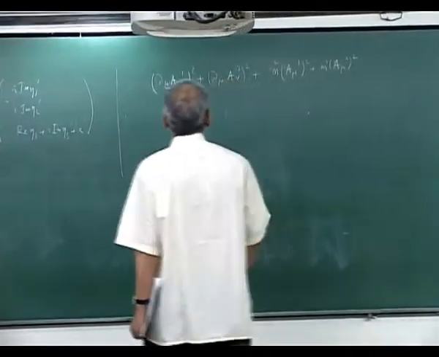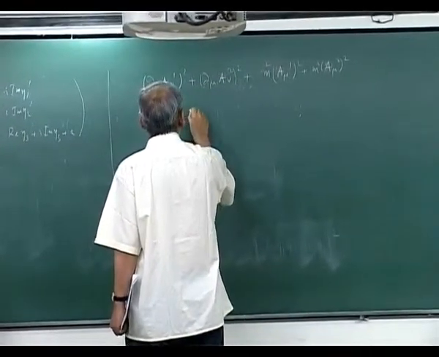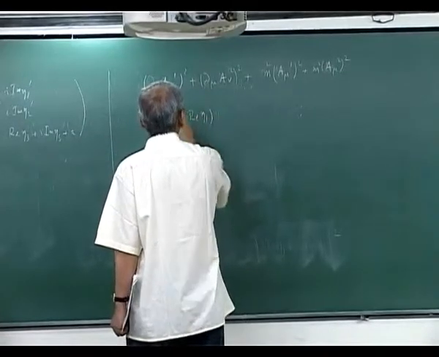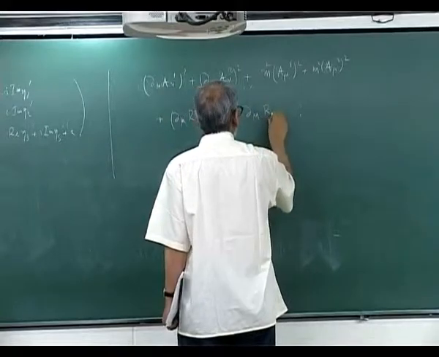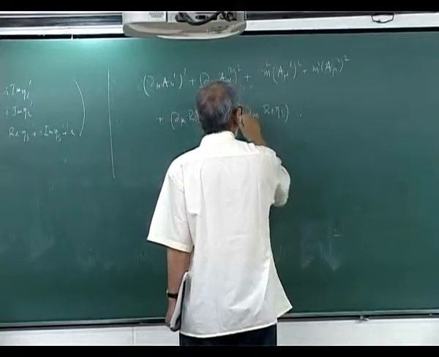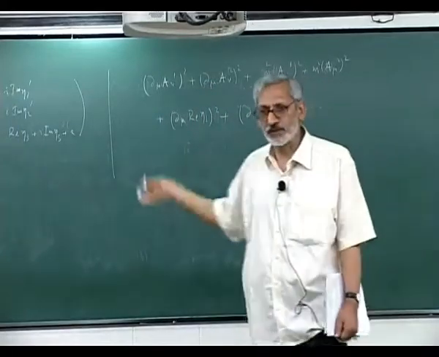And in addition to that, you also have d mu of real eta 1 square plus d mu of real eta 2 square plus the imaginary parts. You also have this.